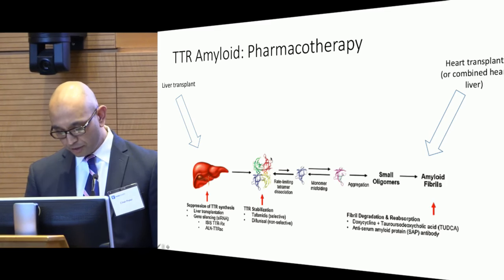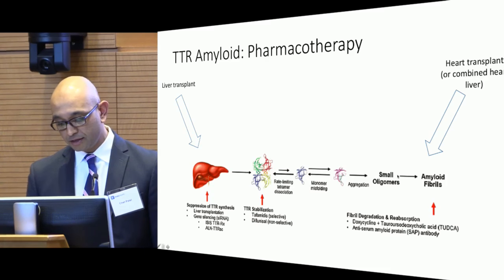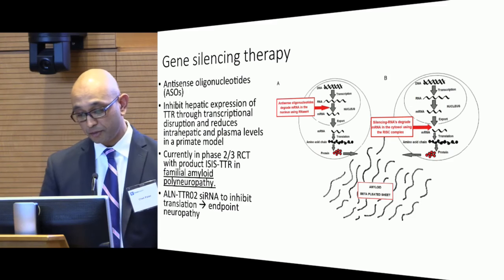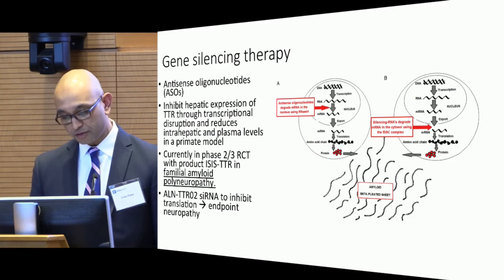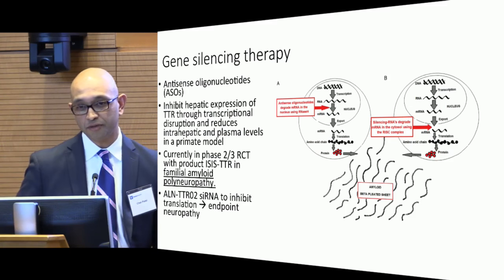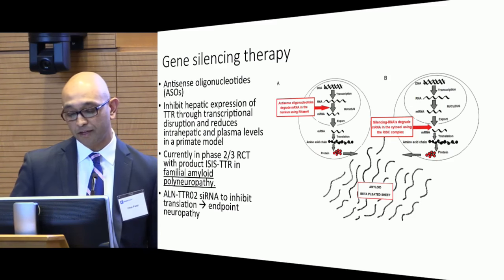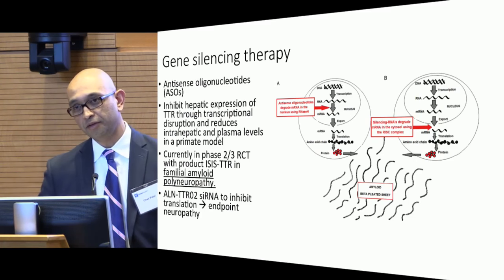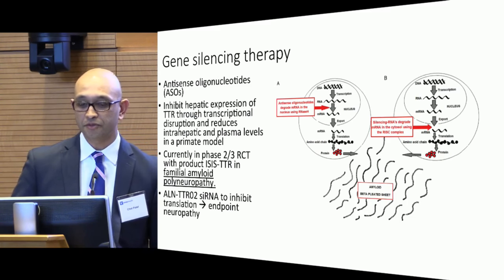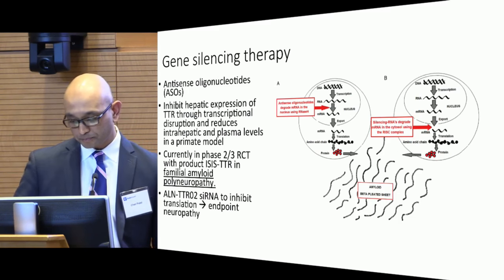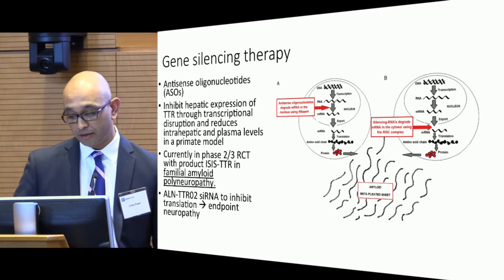And these work at different stages along this schematic here. So, gene silencing therapy. As I mentioned, the protein itself, the tetramer, is actually developed in the liver, and some antisense oligonucleotides, or ASOs, have been developed that inhibit expression of TTR. This is either within the nucleus itself through transcriptional interference, or extranuclear with silencing RNAs.